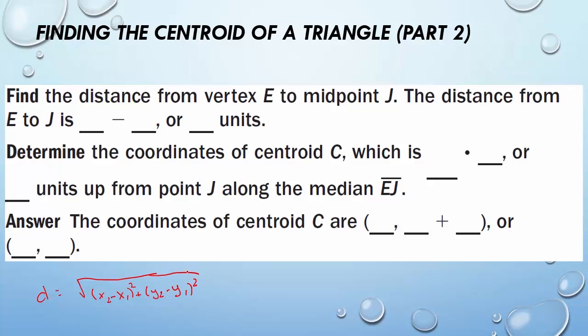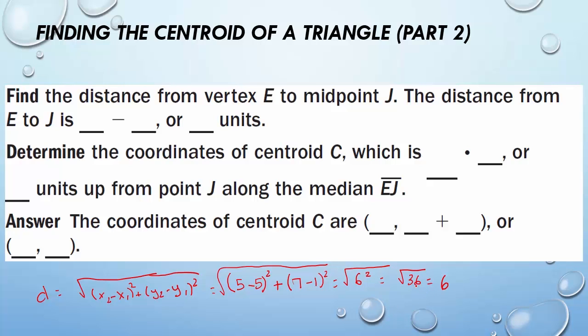And if we go back to our picture, we'll note that we're finding the distance from E to J, so it's 5 minus 5 squared plus 7 minus 1 squared. 5 minus 5 is 0, and we've got 7 minus 1, which is 6 squared, which is the square root of 36, which gives me 6.